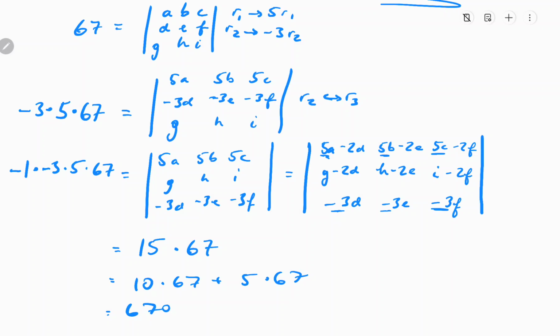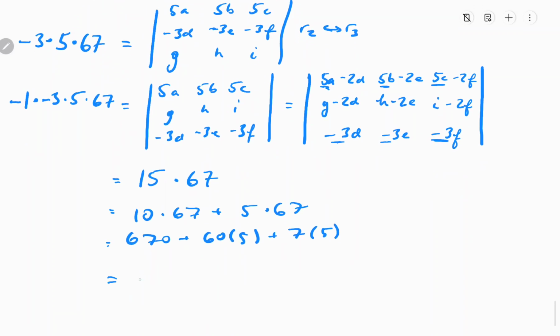That gives us 670 plus 60 times 5 plus 7 times 5, which gives us, obviously you can stack them, do the thing that you learned, or you can use whatever strategy you picked up through your career.